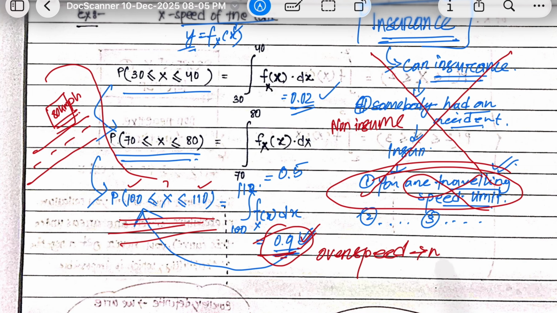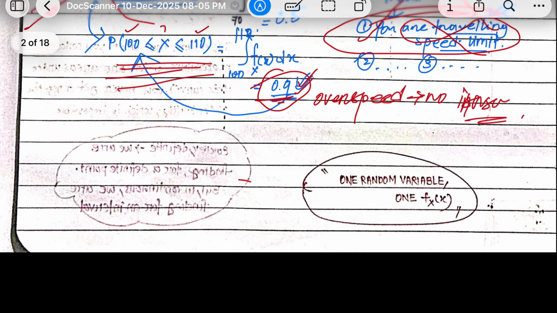So no insurance. Okay, this is a real life example of continuous learning. I think I have remembered everything now.